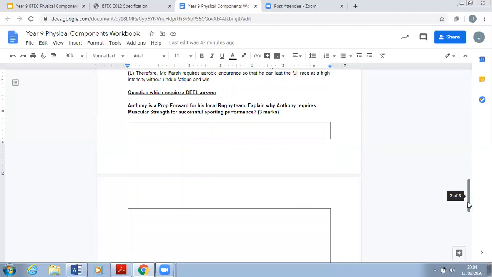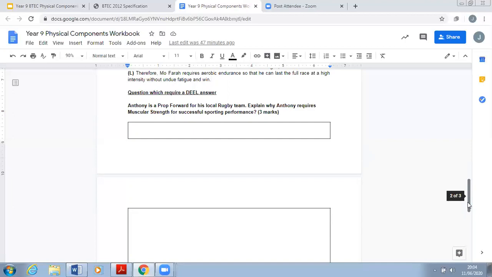You would get asked this type of question. So what is a prop forward? What's his job? What is he required to do? Okay, you know it's rugby, so you might need to do a bit of research there, which is absolutely fine. If you want to do some wider research to help you answer this question, absolutely fine. You're learning, it's the first time you've done this, so it's a really good way of doing it.